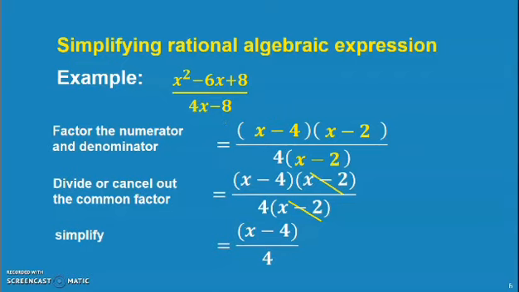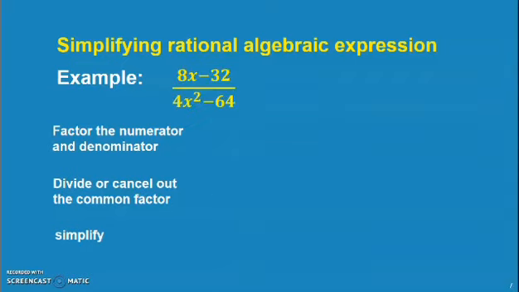Our next example, we have 8x minus 32 all over 4x squared minus 64. So, we will factor first the numerator, 8x minus 32. Common factor is 8. So, 8x divided by 8 is equal to x.